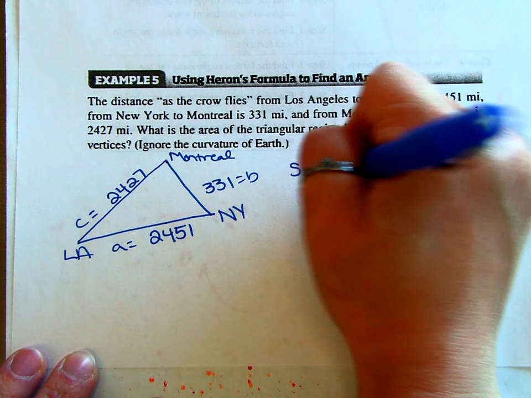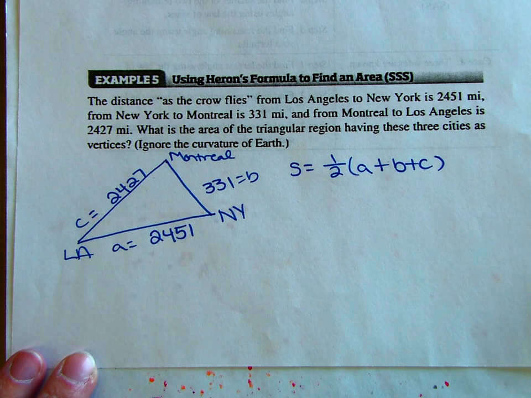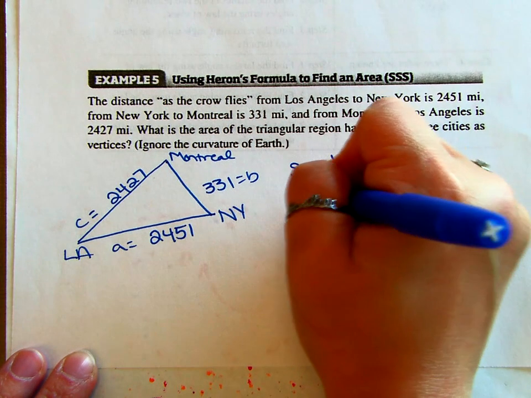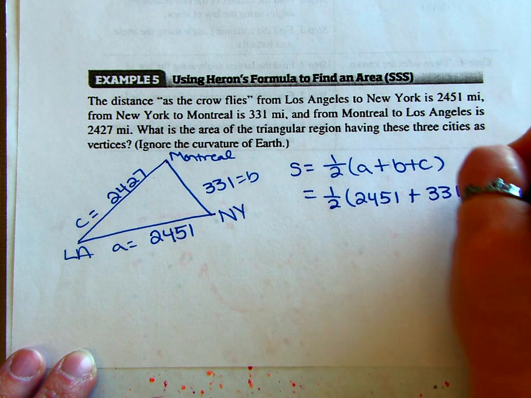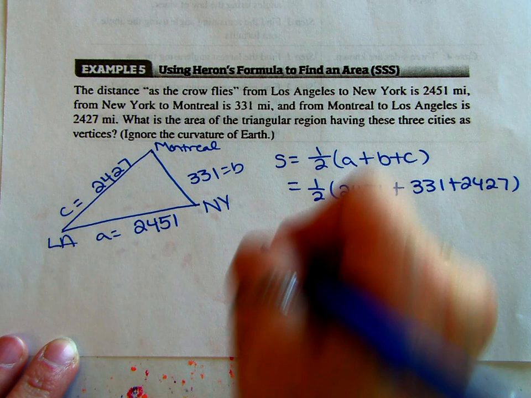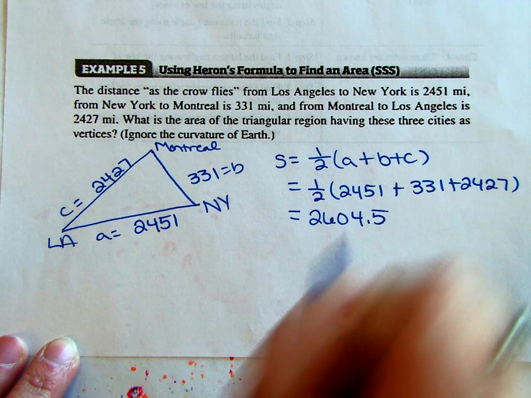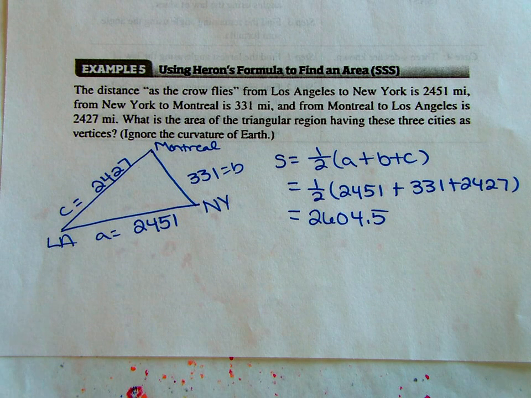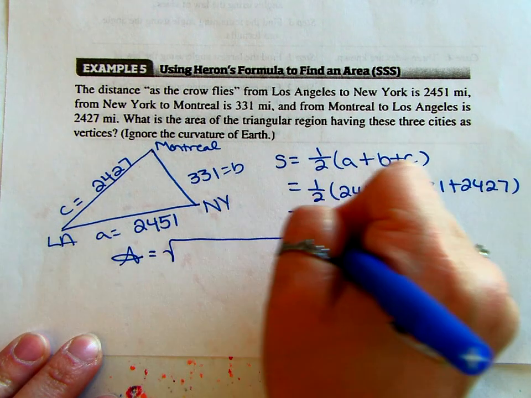So I have to calculate my S first. 1/2 times (2451 plus 331 plus 2427). 2604.5 is my semi-perimeter. Once you know what your semi-perimeter is, you can find your area. Because Heron's area states that you're going to take the square root of S times (S minus A), (S minus B), (S minus C).